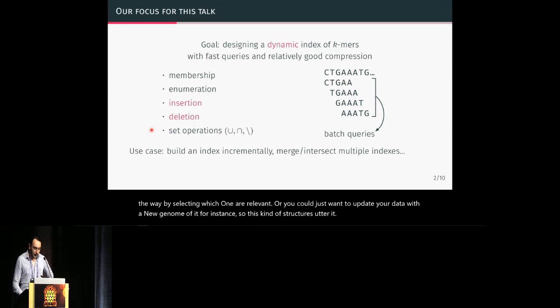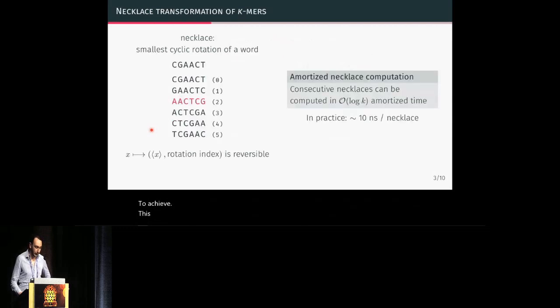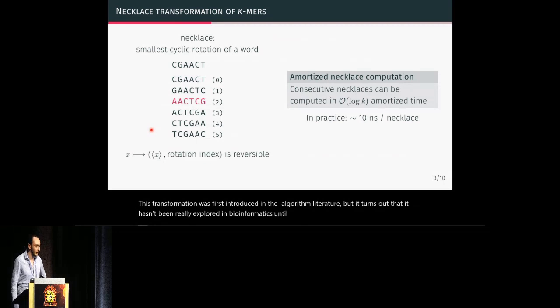Okay. So the first idea that we had to achieve these operations was to use a new kind of transformation that we call the necklace transformation. This transformation was first introduced in the string algorithm literature, but it turns out that it hasn't been really explored in bioinformatics until now. So how is it defined?